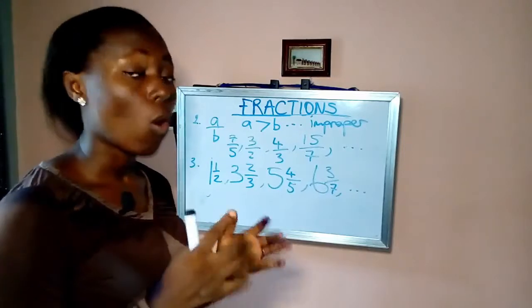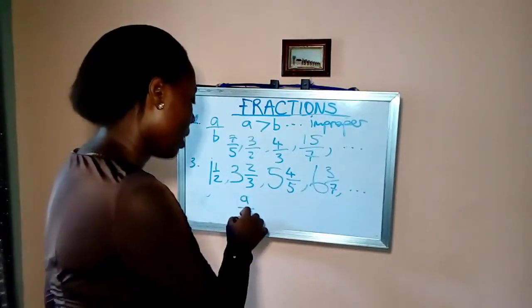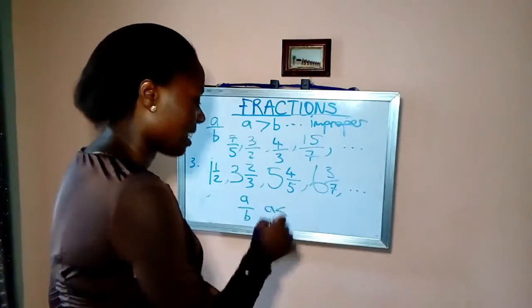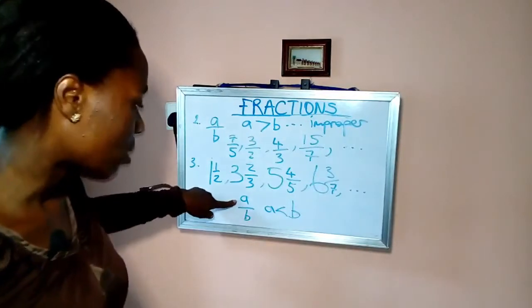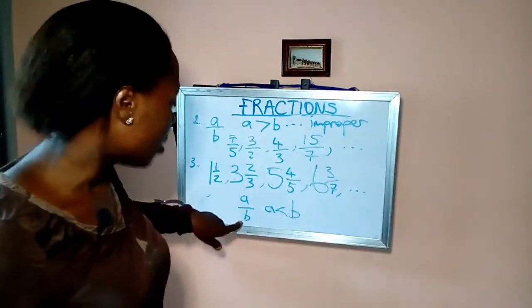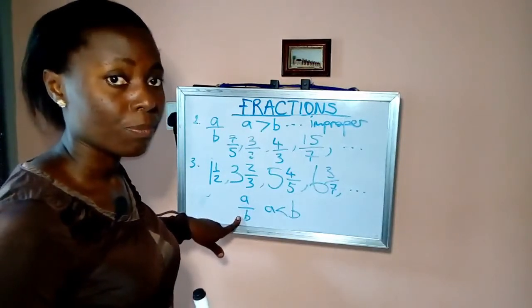Now, a proper fraction occurs where our numerator is less than our denominator. Our numerator is the number above the quotient line, and our denominator is the number below the quotient line.